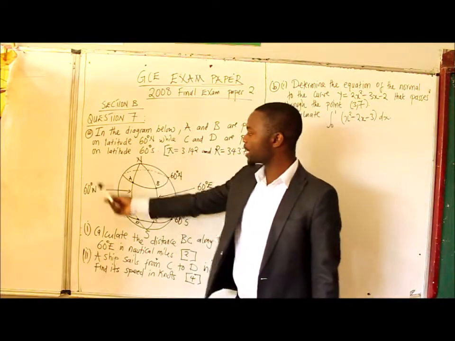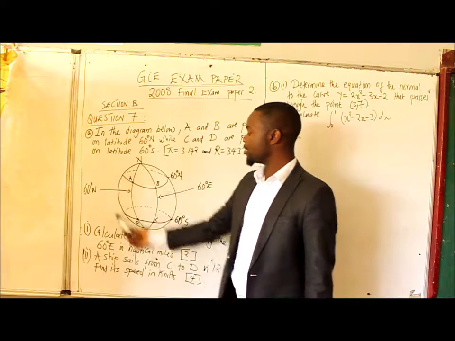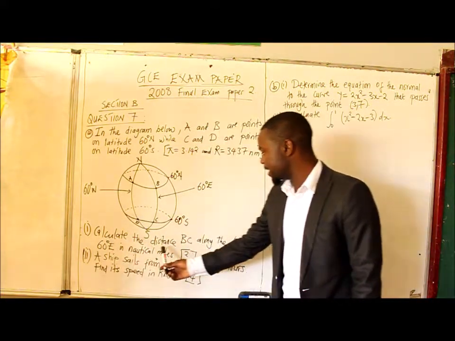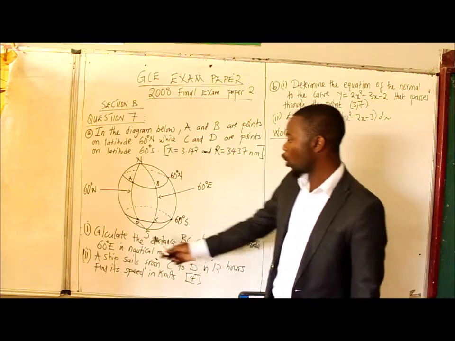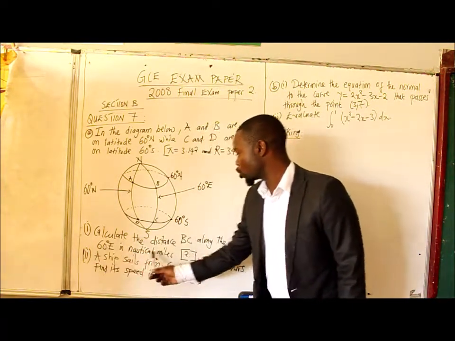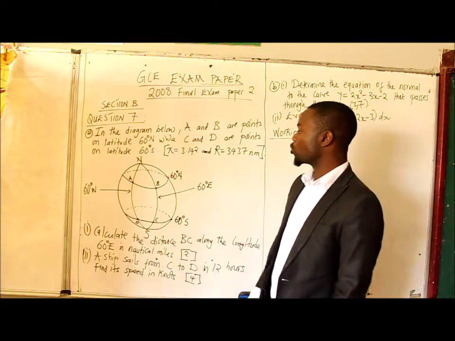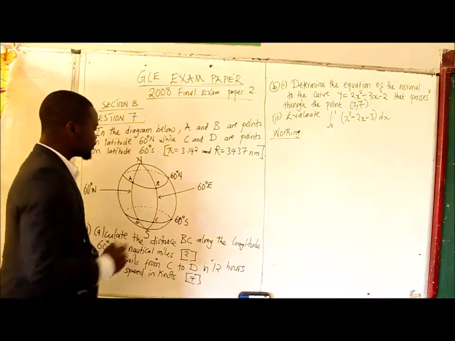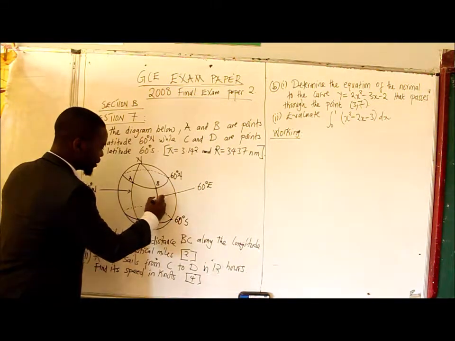So this is the diagram now. This is the Earth, the globe. Question 1 is saying, calculate the distance BC along the longitude 60 degrees east in nautical miles, which is 2 marks. So they want us to calculate the distance BC, this distance here.